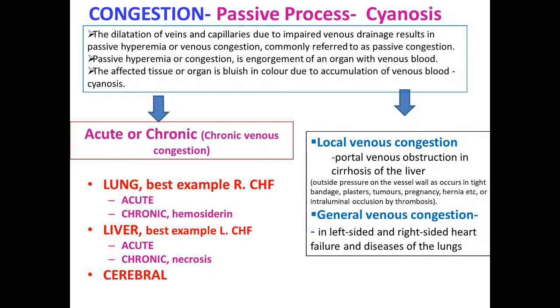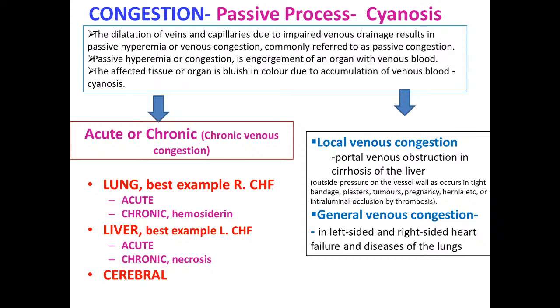Congestion. The dilatation of veins and capillaries due to impaired venous drainage results in passive hyperemia or venous congestion, commonly referred to as passive congestion. The affected tissue or organ is bluish in color due to accumulation of venous blood.